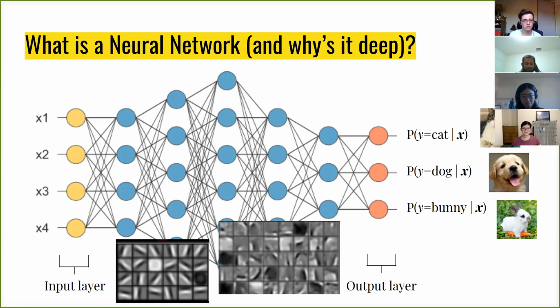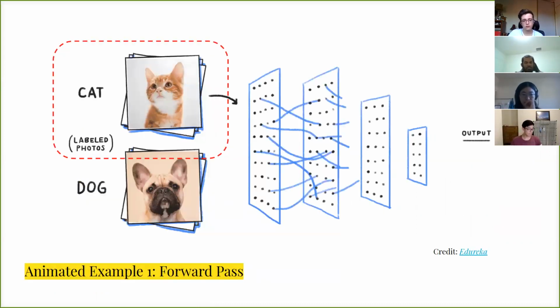Now, the way this will work, usually you will have your input, so for example, an image, and an output as a label. We can go further to the next slide. Now, getting this output value from the network is called a forward pass.